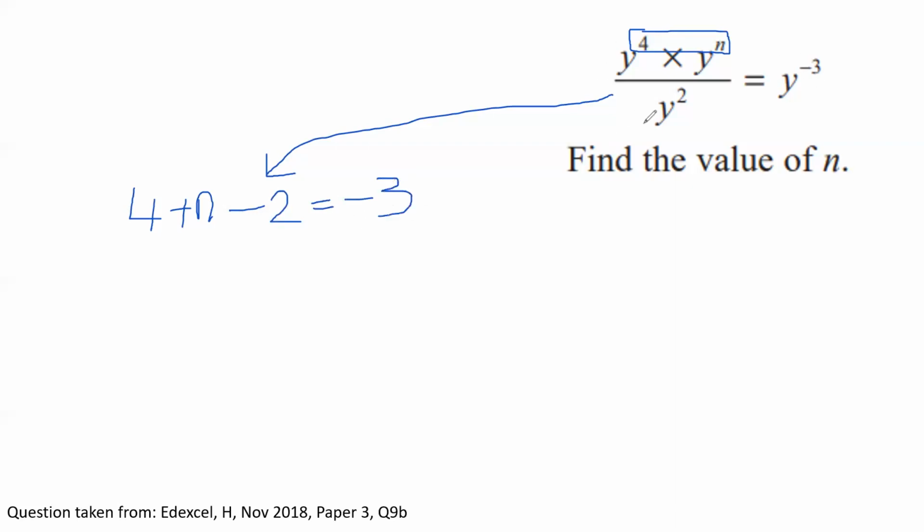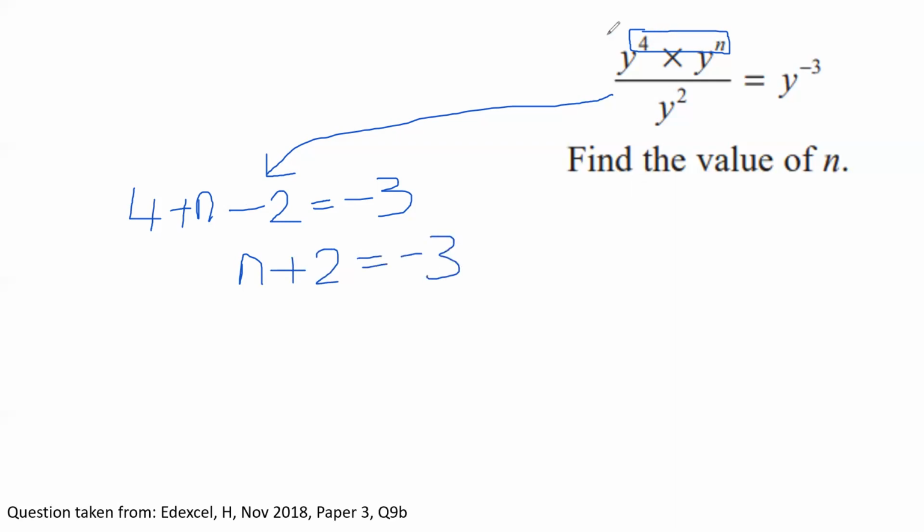So using the rules of indices that we hopefully are already familiar with, when you times two powers, it's the same as adding the indices. When you divide by two powers, that's the same as subtracting the indices. So we're now left with this expression here. We've got 4 plus n minus 2, which is the same as n plus 2, and that equals minus 3.